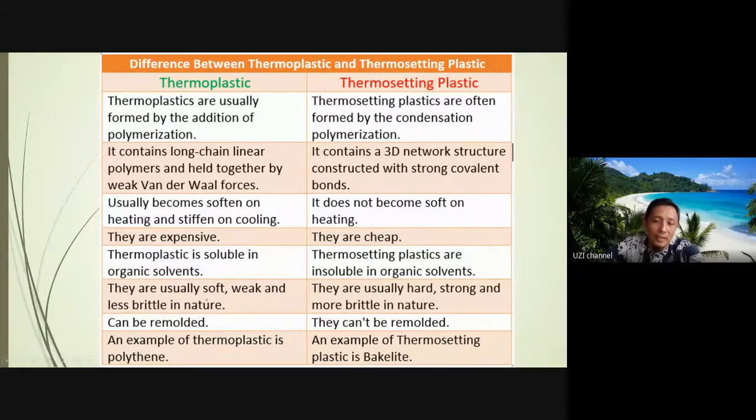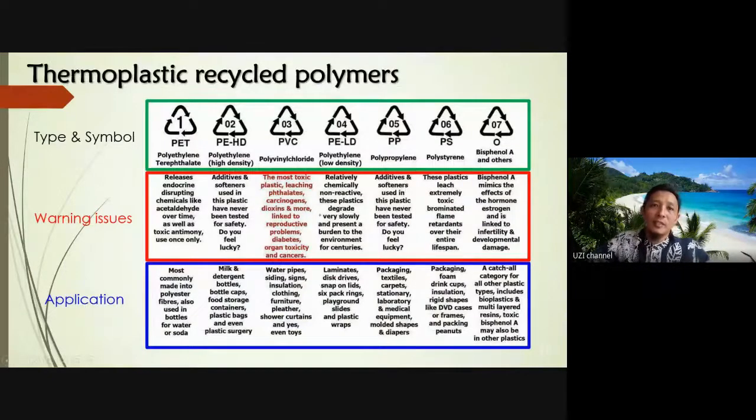Again, you can see the other differences here. For thermoplastic recycled polymer, we already know those symbols, normally on the bottom of the package. For example, I picked up this water glass of mineral water here.